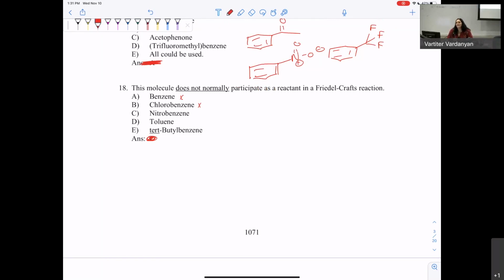Toluene, maybe not a strong activator, but it is an activator because it looks like this. So cross that out. And tert-butylbenzene is just another R group, right? So the only one that won't work is nitrobenzene because that's NO2.